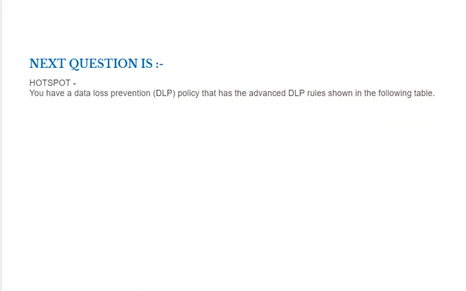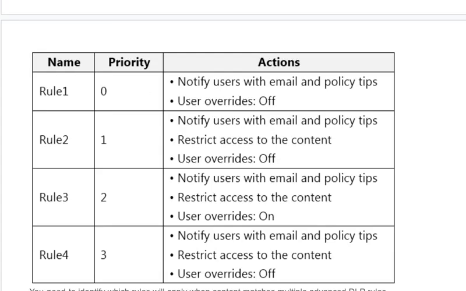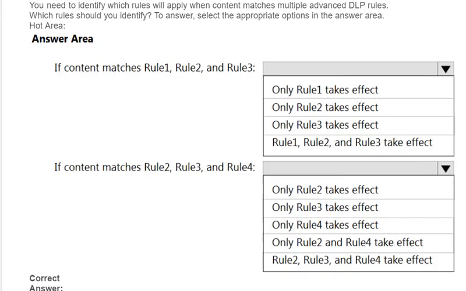Next question is, you have a data loss prevention DLP policy that has the advanced DLP rules shown in the following table. You need to identify which rules will apply when content matches multiple advanced DLP rules.